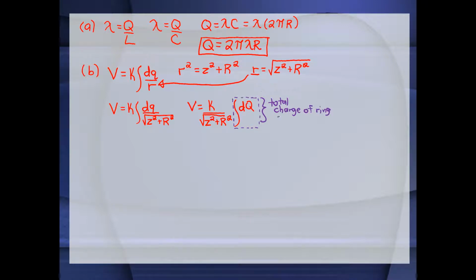And the total charge of the ring is Q, and above here we can see what that's equal to. It's 2 pi lambda times R. So I can just plug that all in up there.